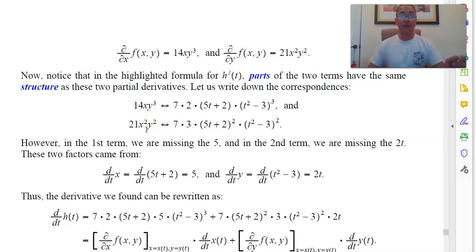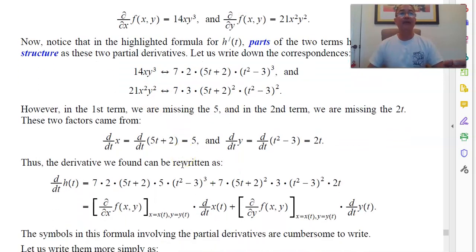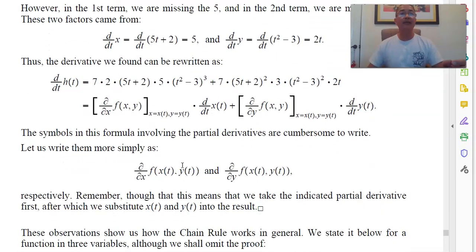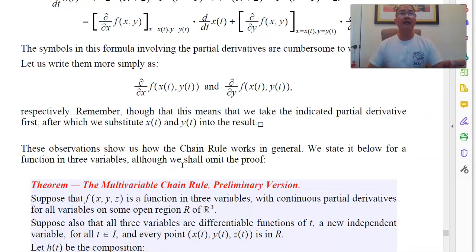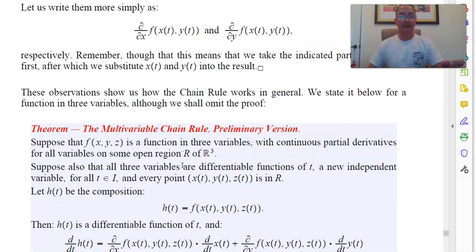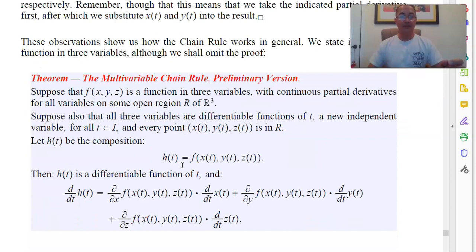Okay, so I do believe we are now ready to write down the preliminary version of the chain rule in 2 variables. Oh, look, we will upgrade it to 3 variables because, of course, if it works for 3, it also works for 2. So we have a function f in 3 variables, and let's assume that we can find all the partial derivatives of f, and we want them to be continuous.